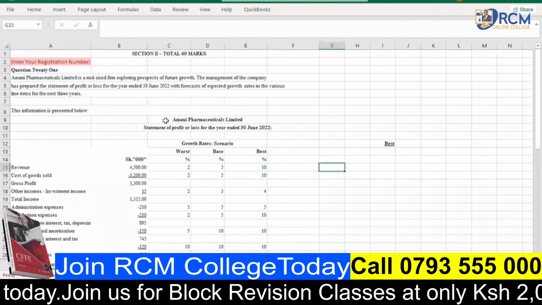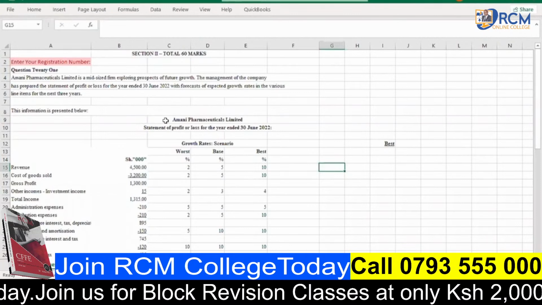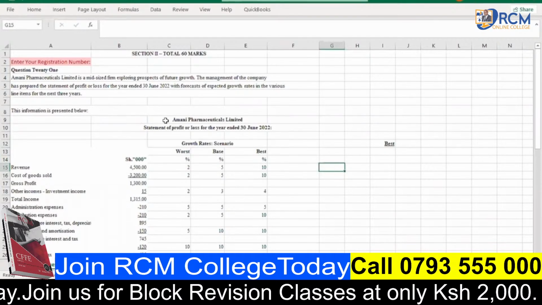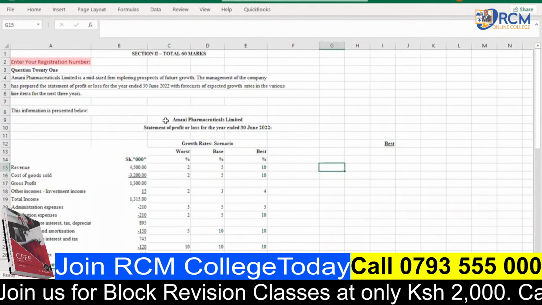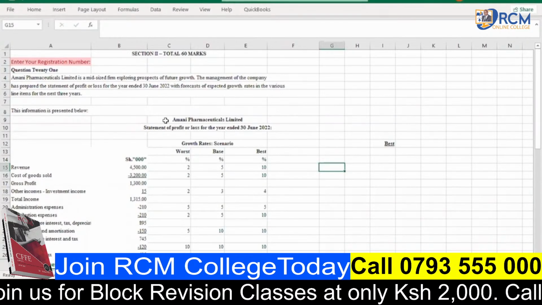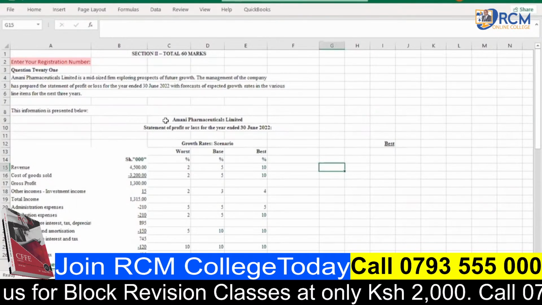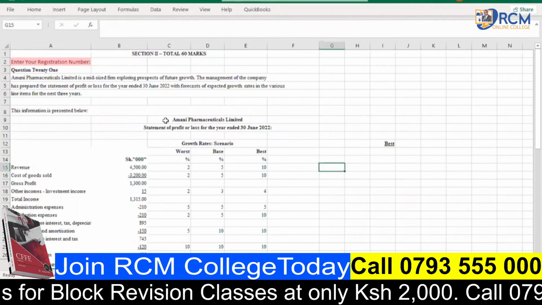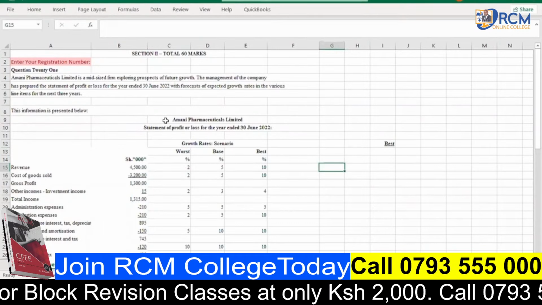Therefore, any choice that indicates Roman 1 is going to be eliminated. So we do away with choice A, we do away with choice B, and choice D is telling us that all the statements are correct, which is wrong. Therefore, the correct answer is C.